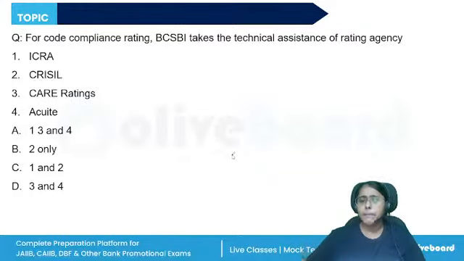They visited the sample of branches, conducted the customers interview, took their feedback, and on the basis of data and the feedback, they gave score to the member banks, right? For this, the BCSBI took the help of the rating agencies, CRISIL, right? Only CRISIL's help was taken.